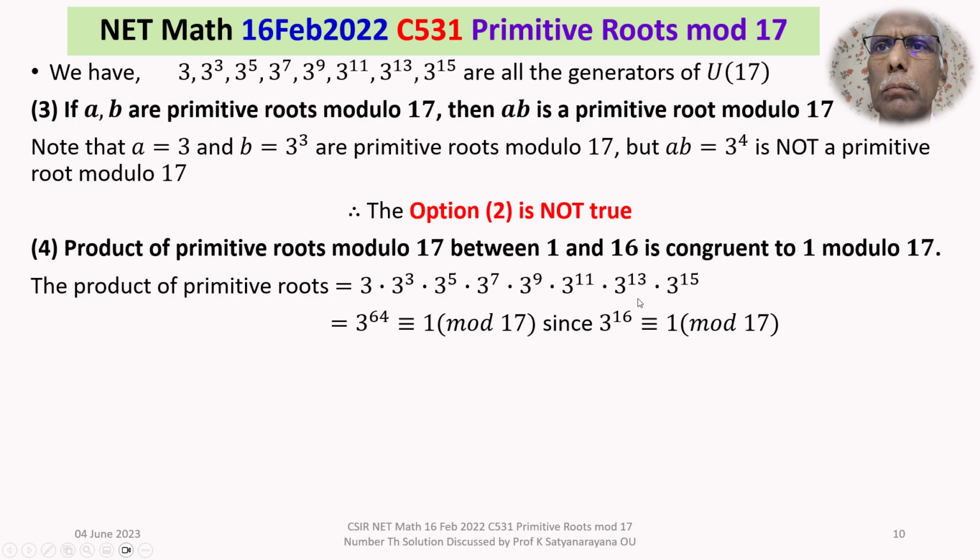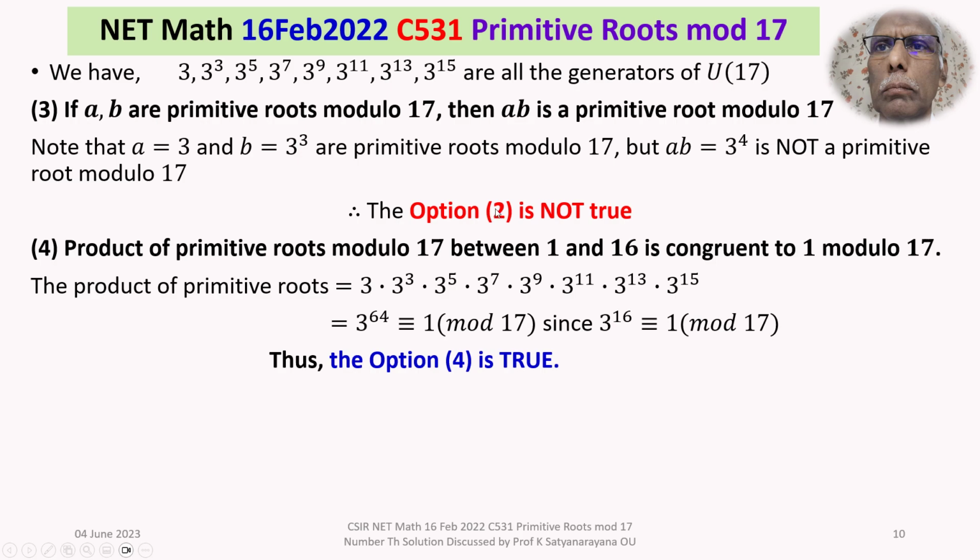Because 3 power 16 is congruent to 1 mod 17, because 3 is a primitive root modulo 17. Because 3 power 16 is congruent to 1 mod 17, 3 to the power of 64 is congruent to 1 mod 17. Therefore, the product of the primitive roots modulo 17 is congruent to 1 mod 17. Therefore, option 4 is true.